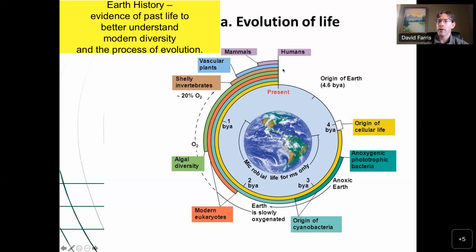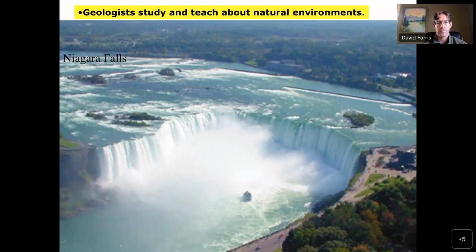Humans have really only been around for a very small fraction of Earth history. Understanding our place in this history of life is one of the things that geosciences can tell us. Here we've got a big waterfall, Niagara Falls.